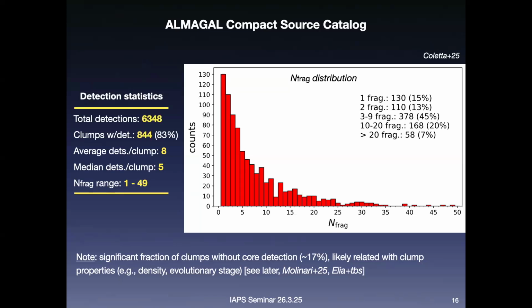A note to be made is that a significant fraction of the clumps, about 70%, proved to have no core detection at this scale. This is most probably related to the properties of these clumps, for example the density and the evolutionary stage, as we will see later in this talk, and it is also addressed in more detail in the other papers that are accepted or in preparation from the ALMAGAL project.